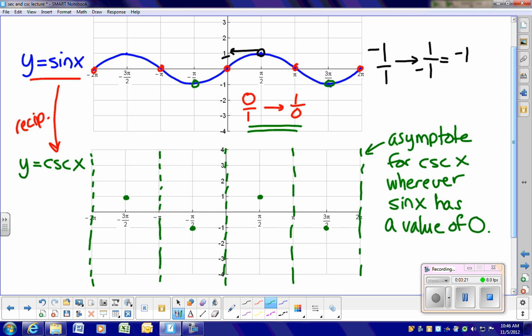There also are some places where sine is equal to 1/2. So if I go in the middle here, you can see that right about here, that would be pi over 6. And right about here, that's 5 pi over 6. Doesn't really matter. At those 2 places, the value of sine is 1/2.